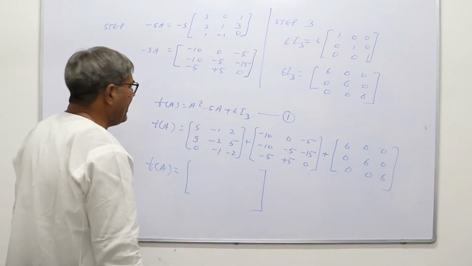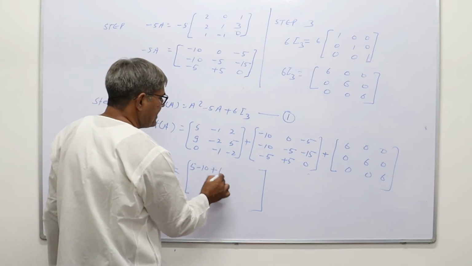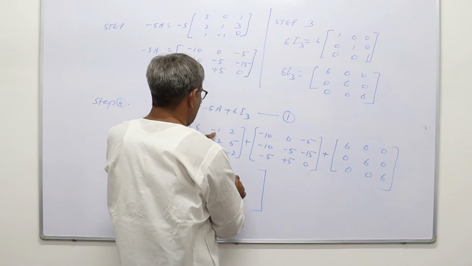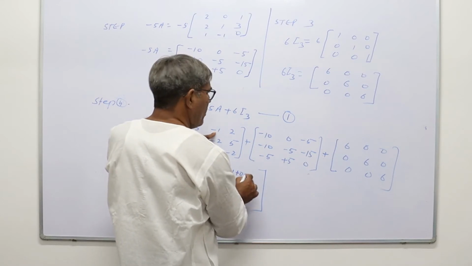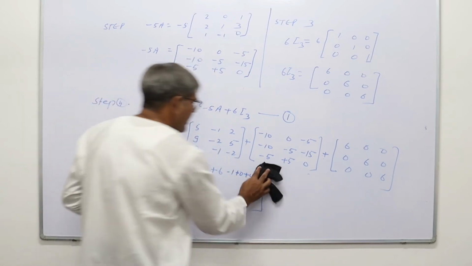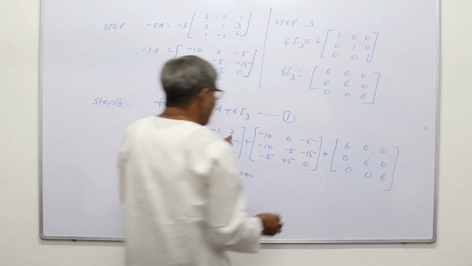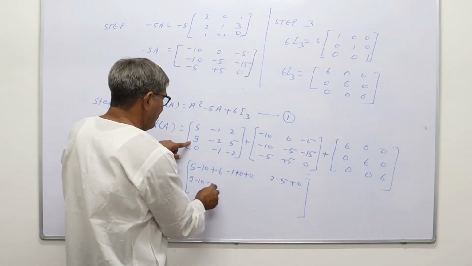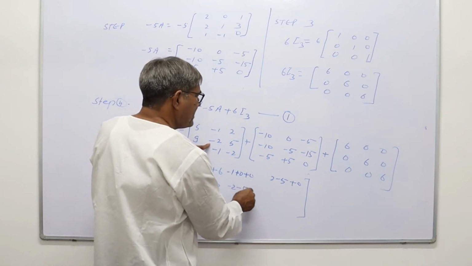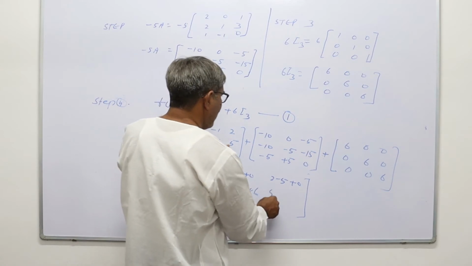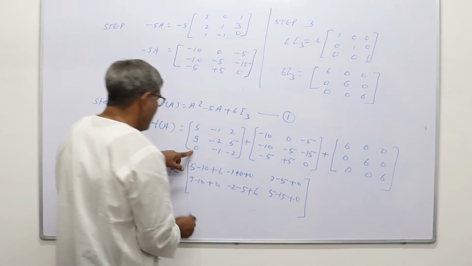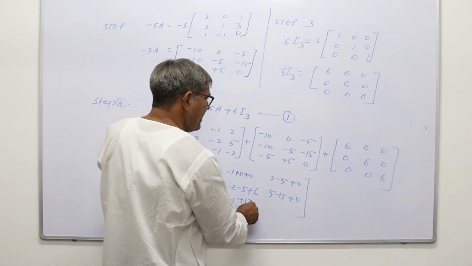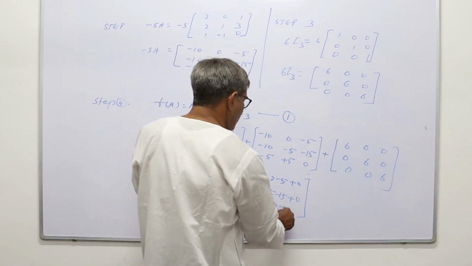So, the corresponding elements will be added, that is 5 minus 10 plus 6, then minus 1 plus 0 plus 0, and next element will be 2 minus 5 plus 0, then 9 minus 10 plus 0, minus 2 minus 5 plus 6, 5 minus 15 plus 0, then 0 minus 5 plus 0 and minus 1 plus 5 plus 0, then minus 2 plus 0 plus 6.